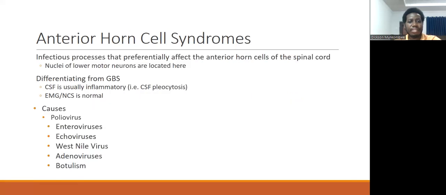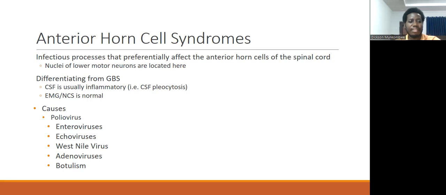Infectious processes that preferentially affect the anterior horn cells of the spinal cord include, but are not limited to, polio, enteroviruses, echoviruses, adenoviruses, or botulism. And the anterior horn cells are basically nuclei of lower motor neurons, which are located in the spinal cord. So it is important to differentiate it from GBS or AIDP, which, as I said again, will not be discussed in this presentation.